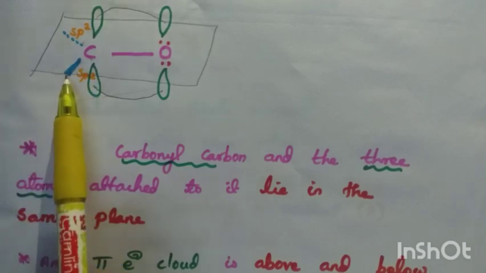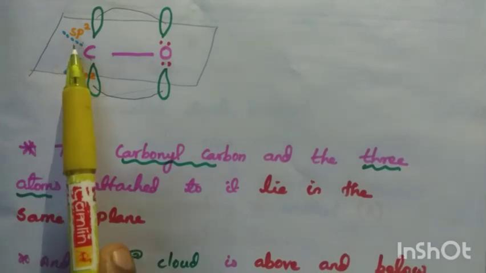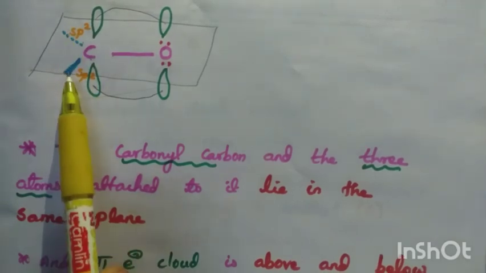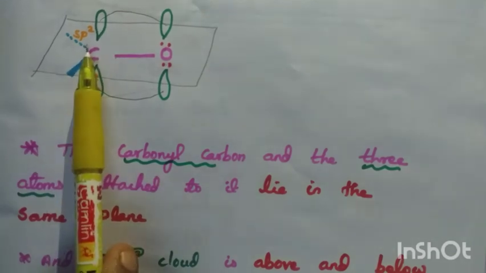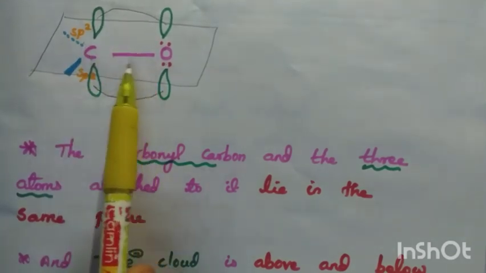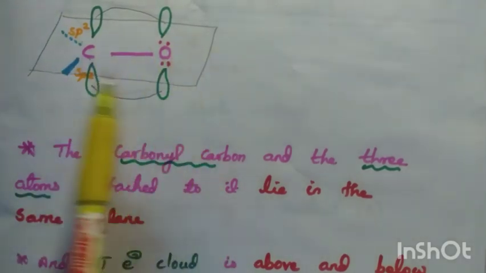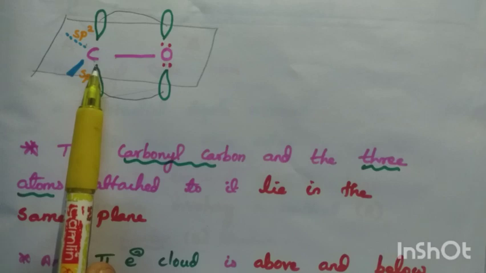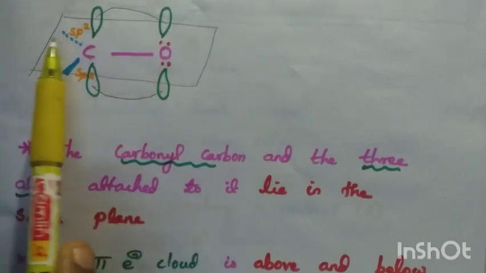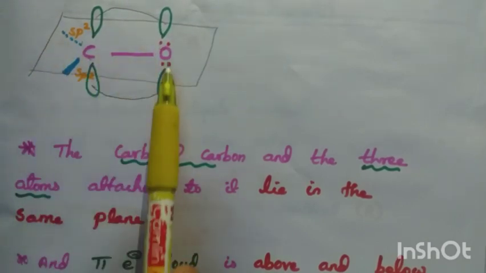So it is shown as thick, solid lines. And this is away from us, opposite to this, so it is in dotted line. Here it is on the plane. If this is a plane, this bond is in the plane. So carbon has a tendency to form 3 bonds with 3 different atoms. All lie in the same plane.